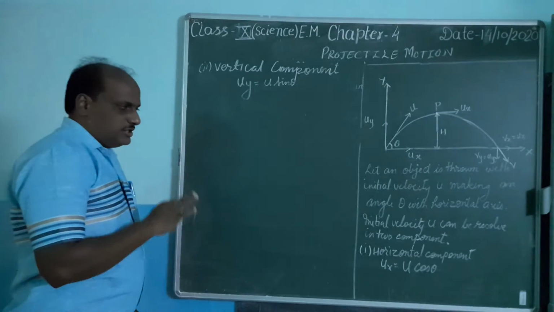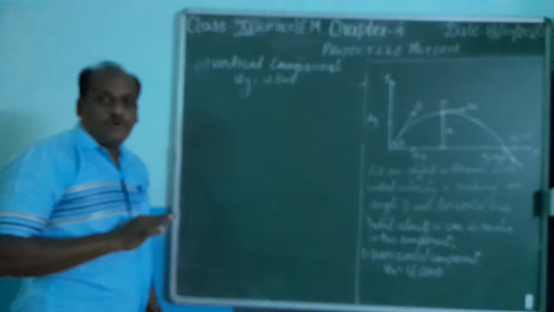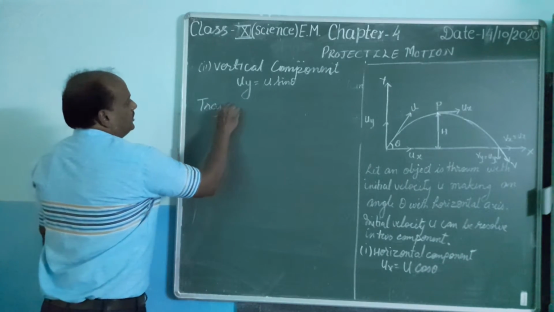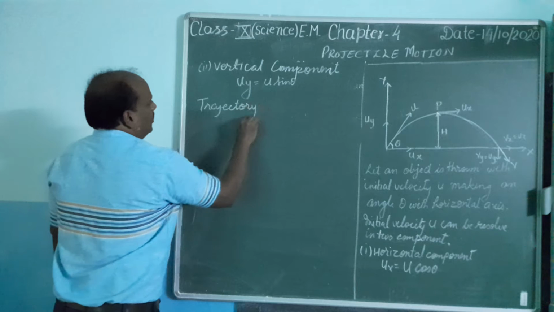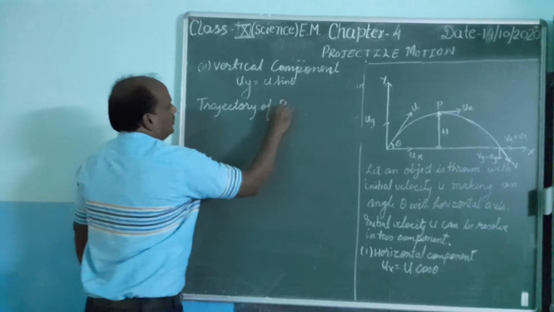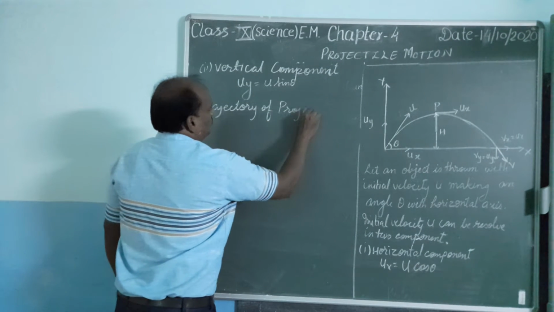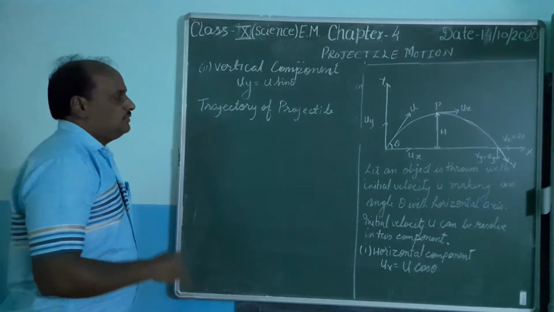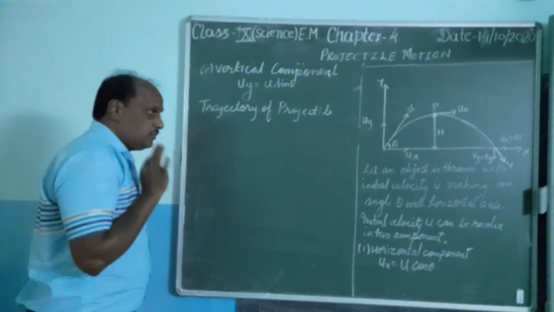First we will derive the expression for the trajectory of the projectile. First we will find for horizontal motion.